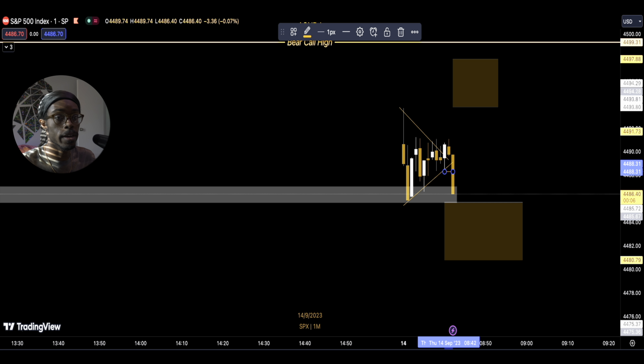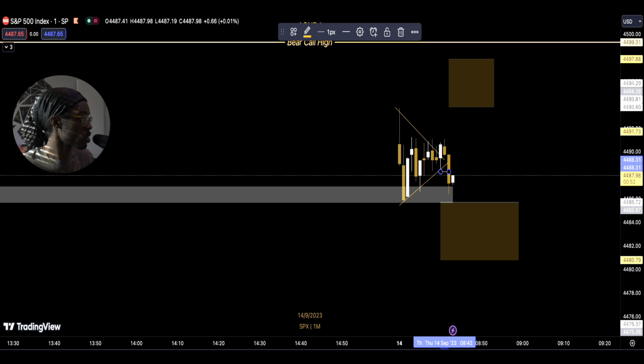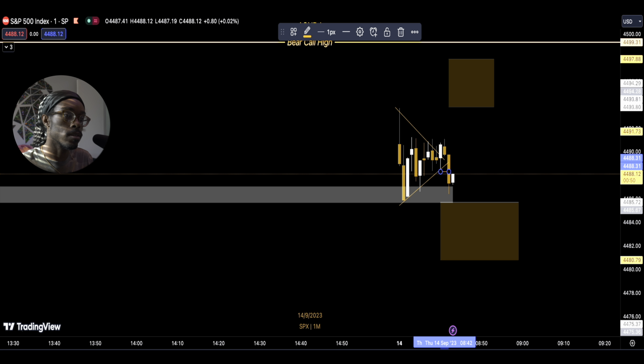I'm about to go right now if this candle breaks. No, it didn't break. It won't break. Come on, just break already.